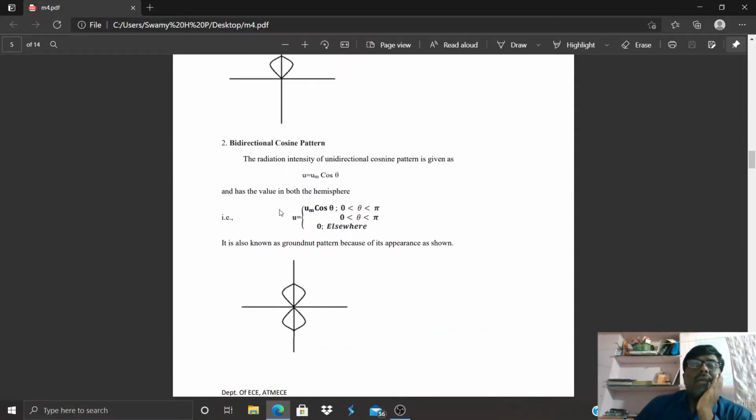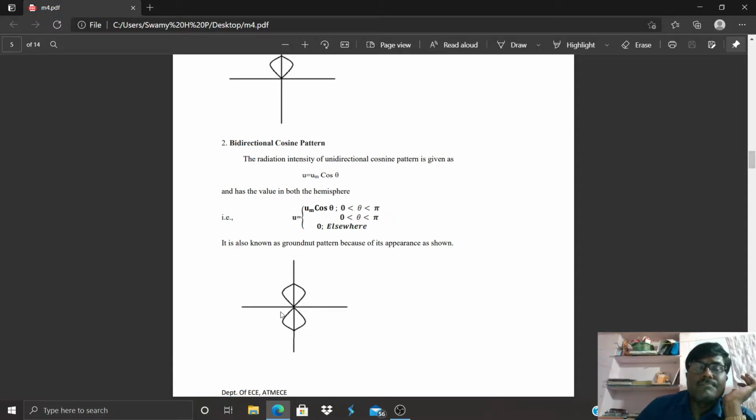Next is the bidirectional cosine pattern. The radiation intensity of the unidirectional cosine pattern is given as U is equal to Um cos θ, whereas the bidirectional cosine pattern has hemispheres on both sides.